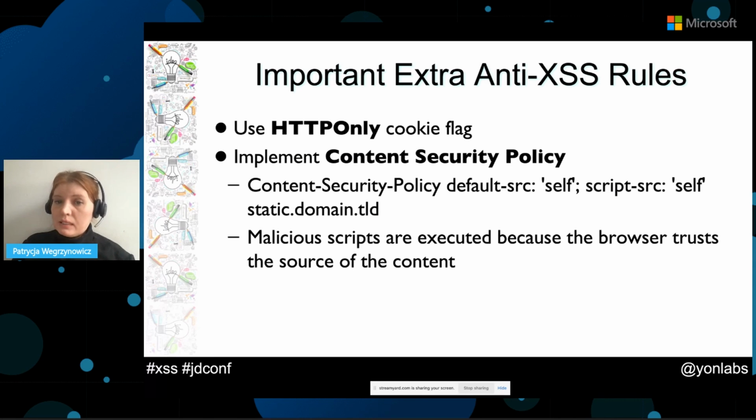Basically, with content security policy, we can block loading of resources from unknown sites. So we can limit, for example, scripts only to be downloaded from our original domain. So that's a very important anti-XSS rule.